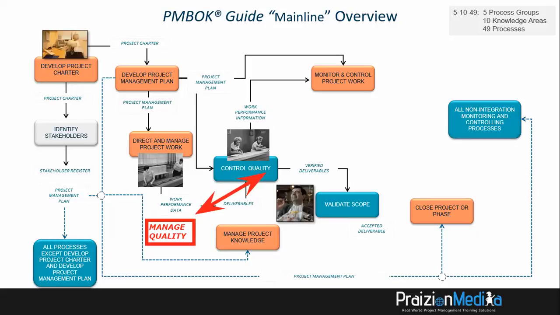There's some interaction between control quality and manage quality, in that control quality gives you quality control measurements, and that goes to manage quality. You might have seen quality control measurements.